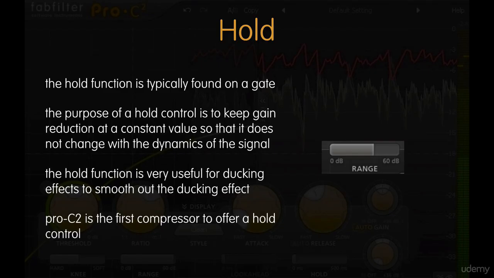But what you don't want is, when the person's talking, for the music to rise up in between every syllable. It gets annoying. So when you lengthen the hold, it overrides the release time and keeps the gain reduction steady so that you can talk over the music, even take a little pause to breathe, and the music's not rising up in those pauses. But then when you're really finished talking, the music ramps up, right? So hold is very useful, especially for ducking stuff.